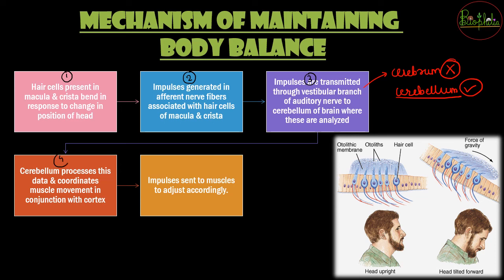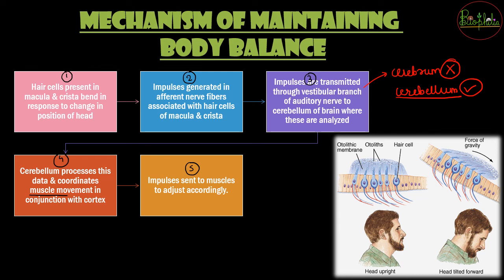Once the cerebellum processes it, motor neurons will be sent to the respective muscles, and the muscles are going to function according to the message sent. For example, if your movement is towards the left, you are just bending down towards your left, so the opposite signals will be sent by the cerebellum to adjust the fluid.